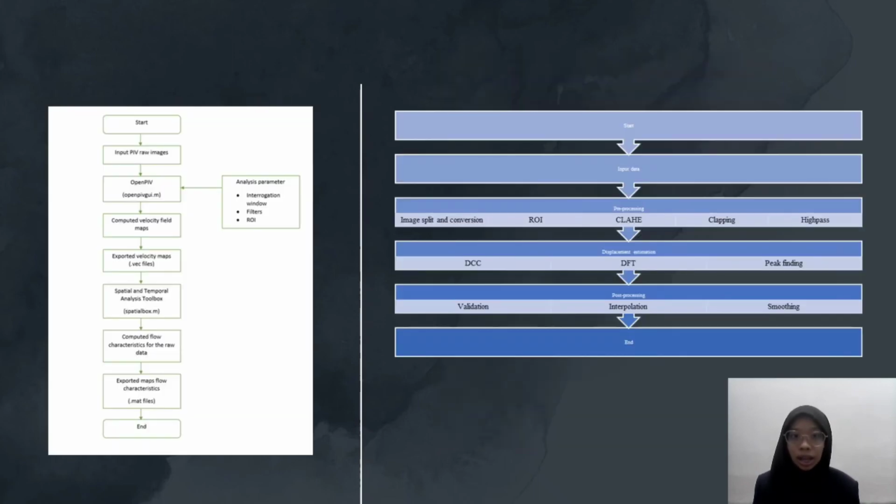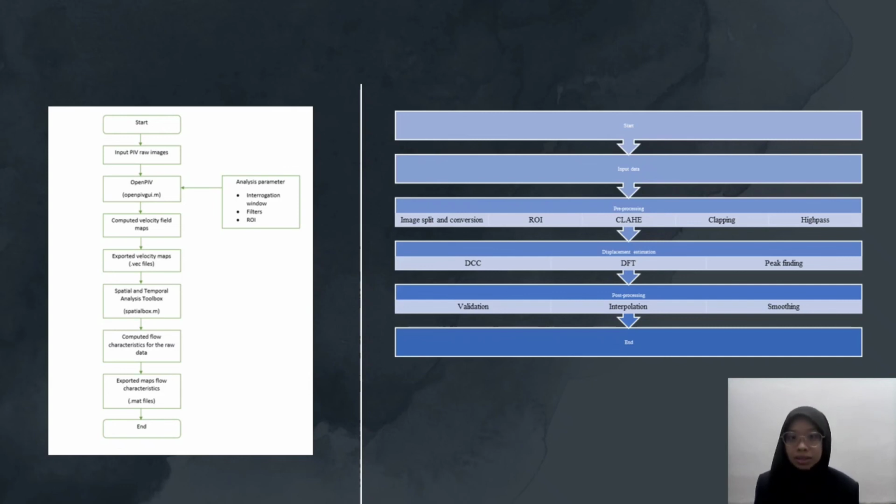The flowchart at left is the overall process using OpenPIV for post-processing. OpenPIV has two sections, which are data processing using OpenPIV and data extraction using the spatial and temporal analysis toolbox.